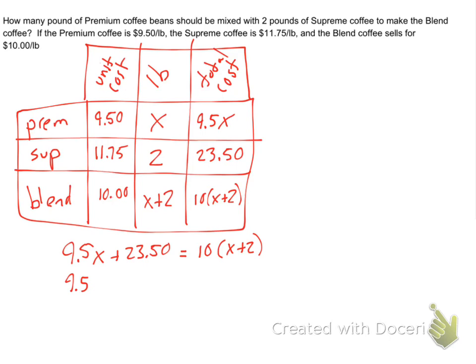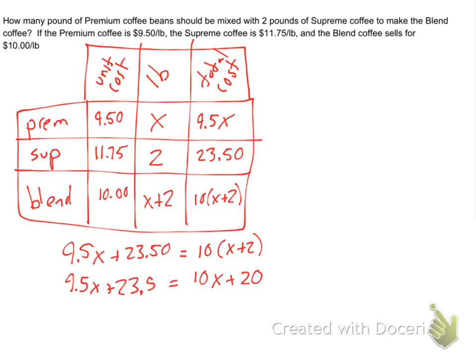No, we're not going to get the x out of there yet. We're going to get the 10 taken care of. Can I drop the 0 at the end of the 0.50? Yeah. That just complicates things sometimes. So this is 10x plus 20.